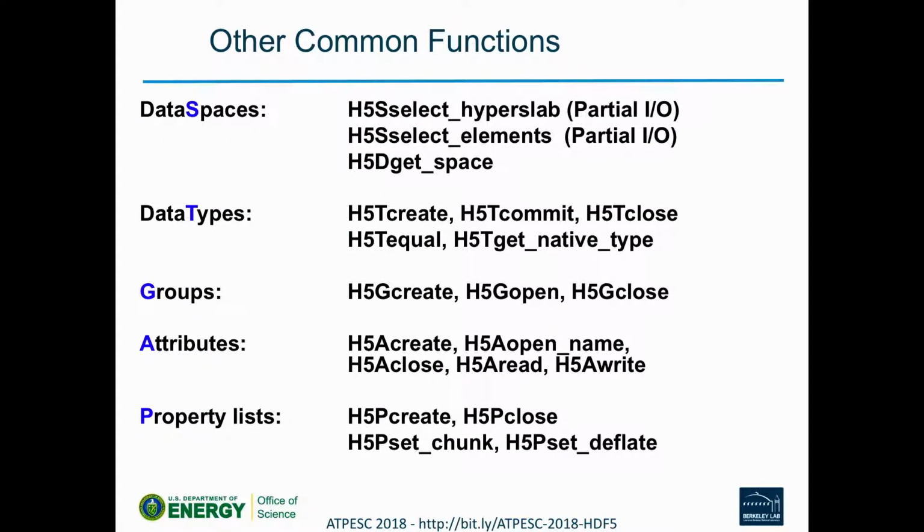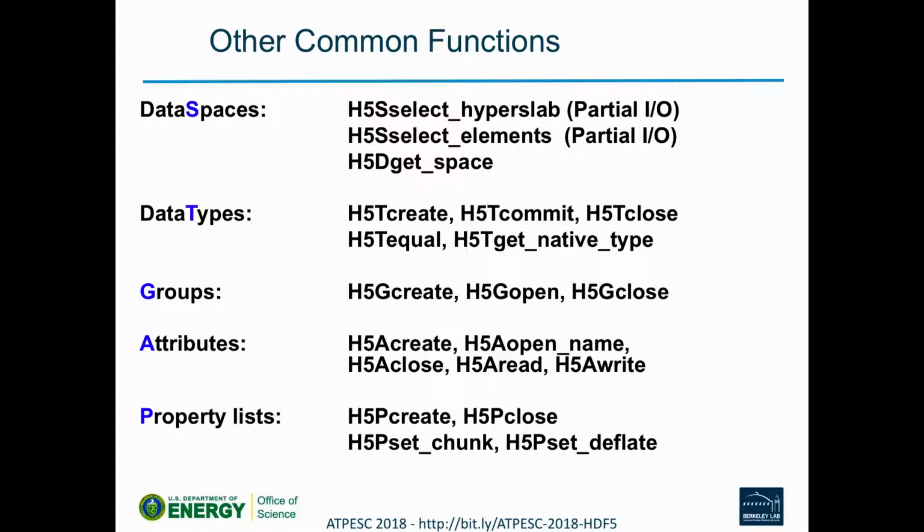Other things you'll probably see in your first set of, I want to know how to do this in HDF5, take a look at these routines. If you want to do a subset, a selection within an HDF5 data set, or I'm sorry, a data space, you're going to select a hyperslab, like a regular set of blocks in an array, or elements, kind of points all over the place.